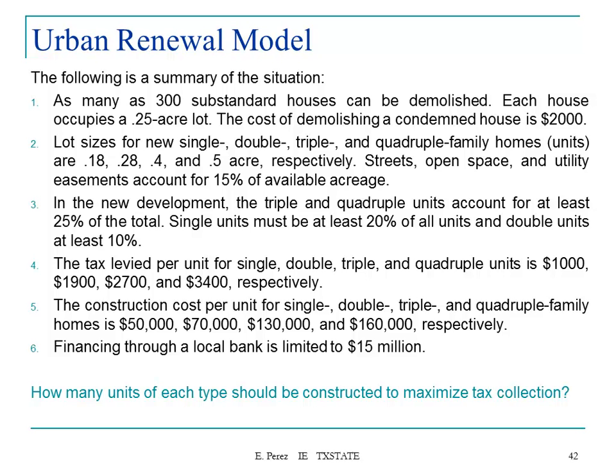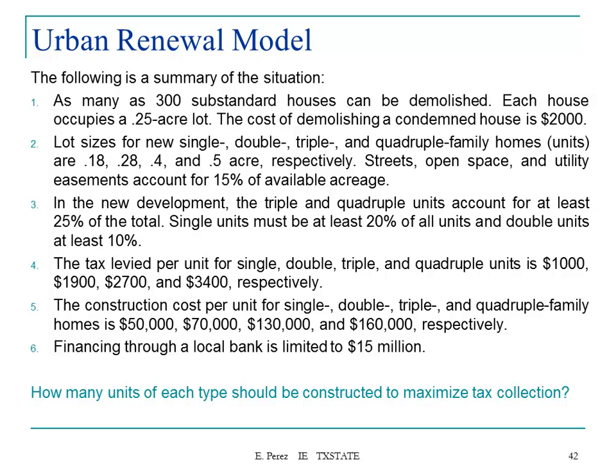In the new development, the triple and quadruple units account for at least 25% of the total. Single units must be at least 20%, and double units at least 10%. Here we have the tax revenue per unit for single, double, triple, and quadruple: 1,000, 1,900, 2,700, and 3,400 respectively.